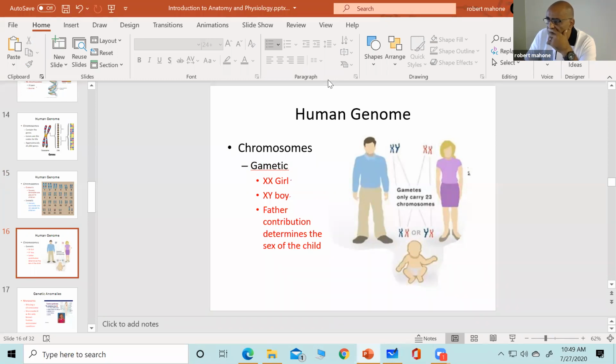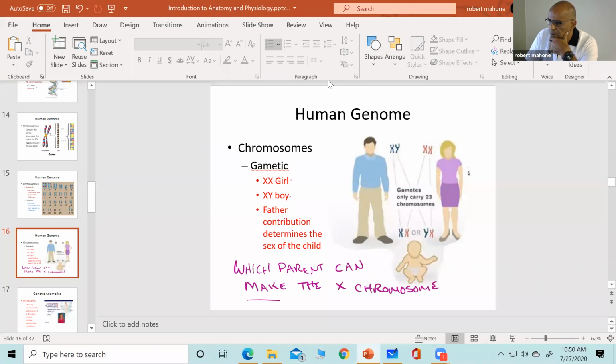And there's also a kind of a trick question for you. Which parent can make the X chromosome? The boy.